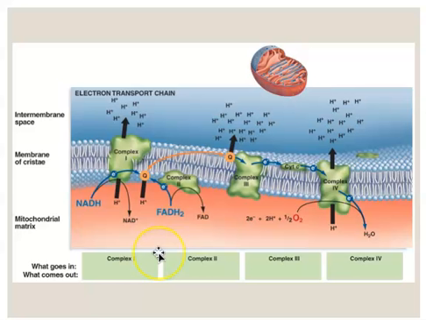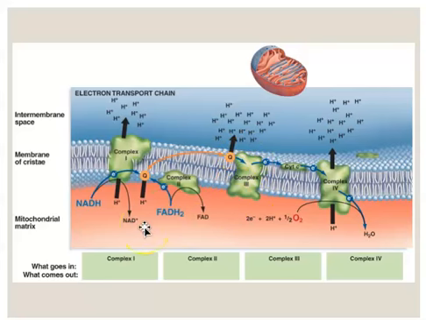Now, along the way, the electron energy is being harvested. And that energy is going to be used to build a proton gradient, and they're showing us that gradient building up in the intermembrane space. Here is our friend Q, shown in orange. Q is going to pick up electrons from one complex and carry them over and donate them to the next complex.